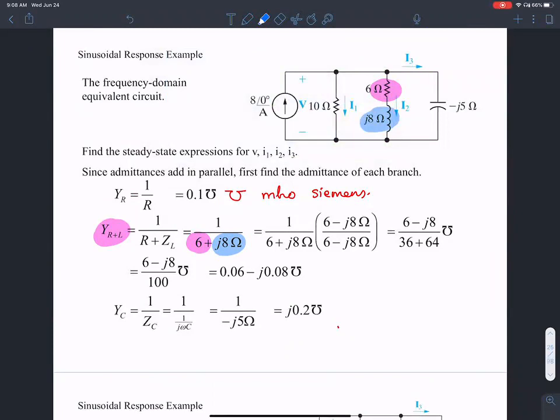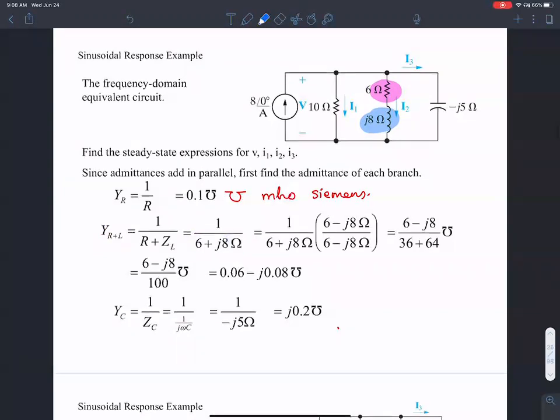The inductance and the resistance are connected in series, so we simply add 6 and j8 ohms as if they were two resistances connected in series. 1 over 6 plus j8 ohms gives me the value of the admittance in this branch.